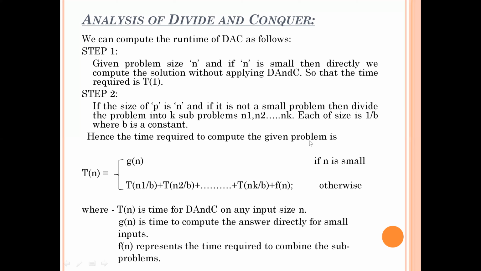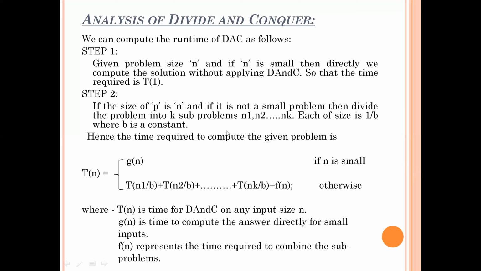Hence the time required to compute the given problem is given as, suppose, g of n, if n is small. If n is small, directly you will get the solution. So this is the time required to get the solution directly for your small problem. Otherwise, if the problem is not small, you are dividing the problem into k subproblems.